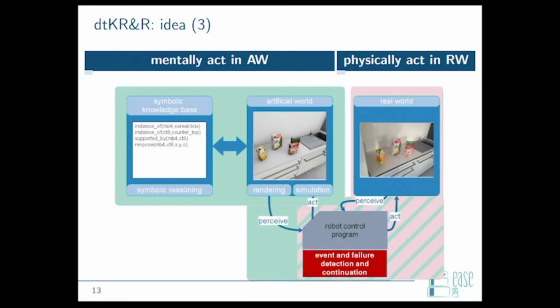Of course, the artificial world and the real world will never be the same. So a robot control program that makes the assumption that the artificial world matches the real world has to be equipped heavily with event and failure detection and recovery methods.